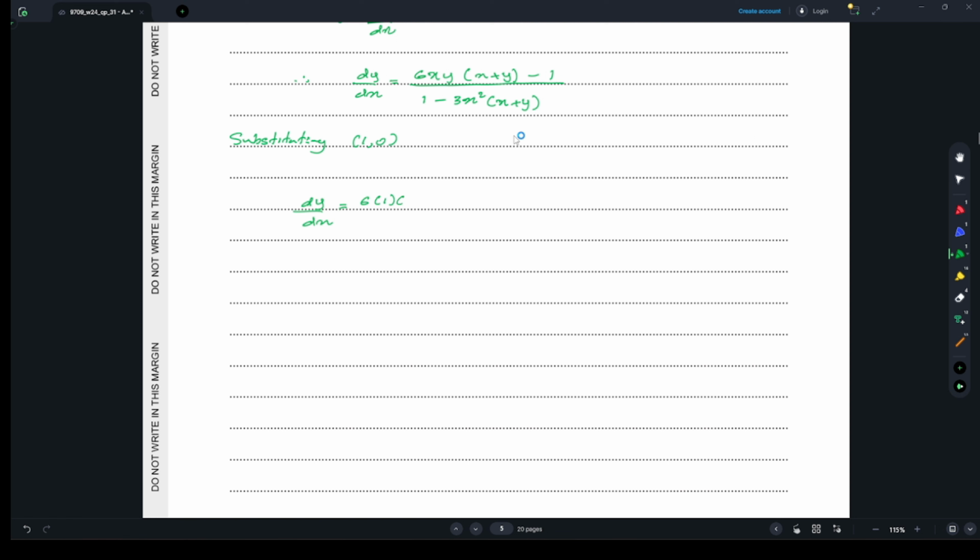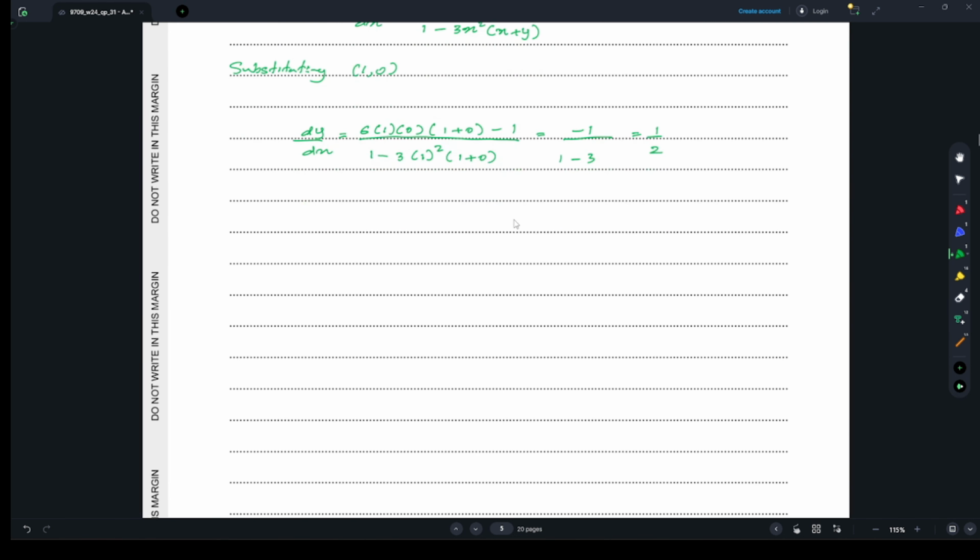So 6 times 1 times 0, times (1 + 0), minus 1, divided by 1 minus 3 times 1 squared times (1 + 0). Simplifying, in the numerator we multiply with 0, so we have minus 1. In the denominator we have 1 minus 3, which is minus 2. So then it's a half.